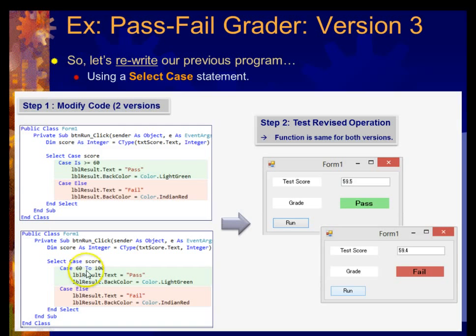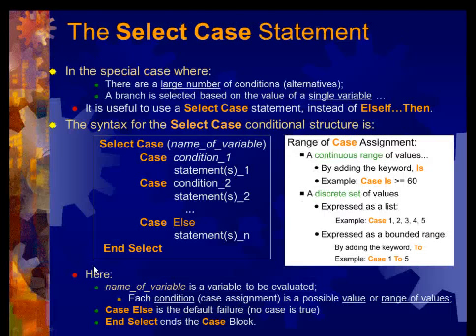So you could write 60 to 100. Actually that's still kind of a continuous set, I think, but anyway, 60 to 100, you could write that, and then you don't need the is. And that is described here, a discrete set of values.